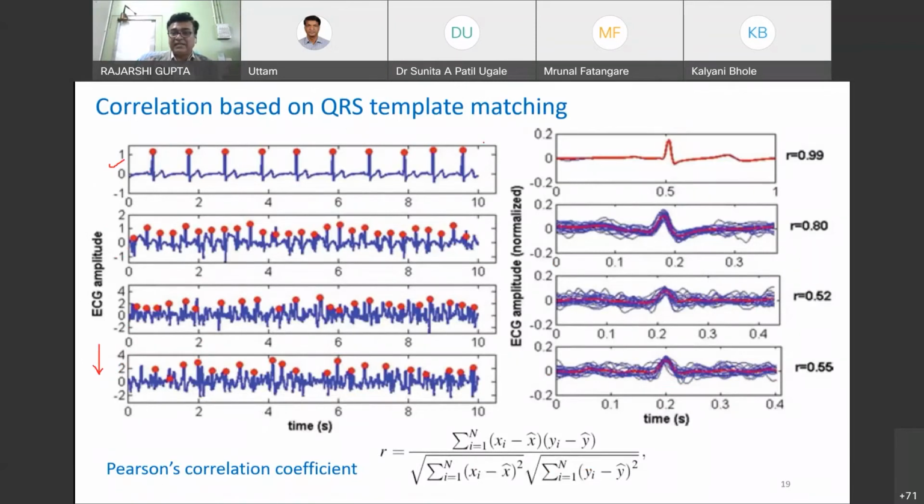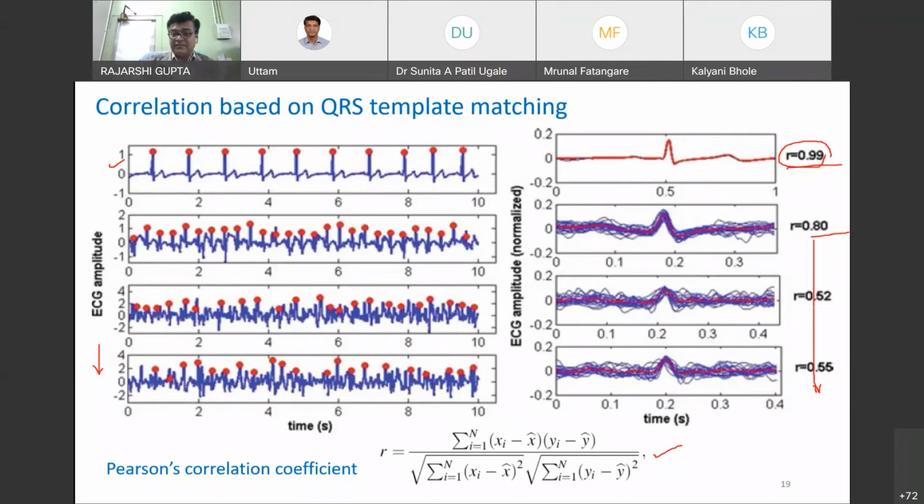And here on the right side, in the case of a clean beat, the correlation coefficient, if we talk about Pearson's correlation coefficient, the formula is given here. The red color plot provides you the reference beat and the superimposed plots for gradually noisier signals. Here it is less noisy, so you have good correlation, 0.1, it can be maximum 1.